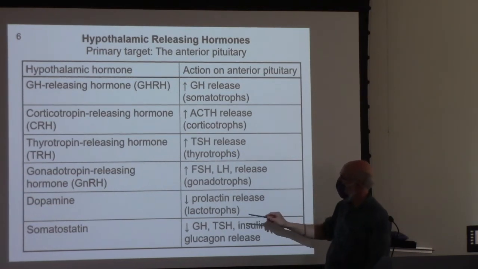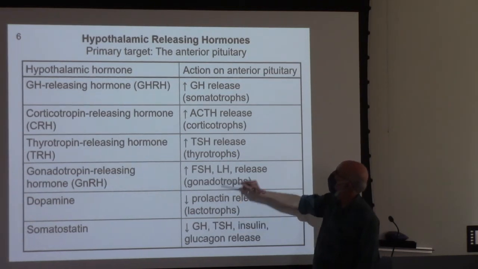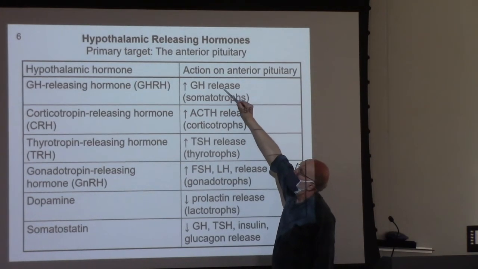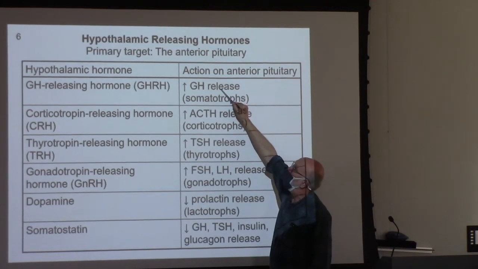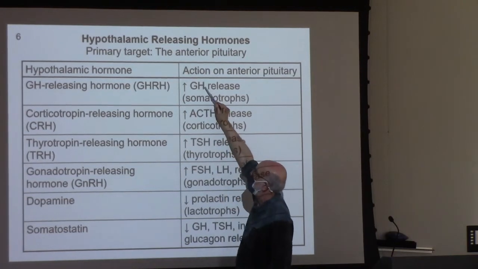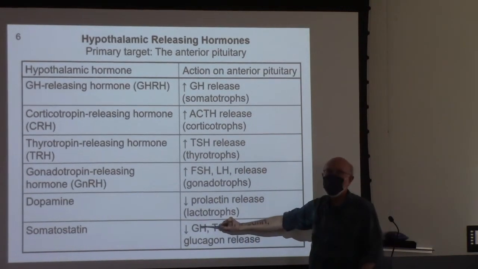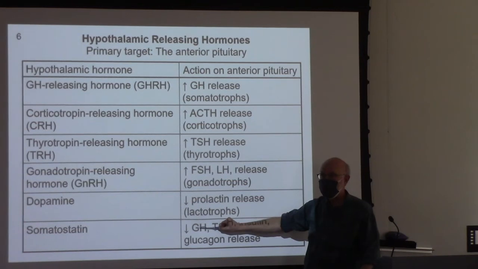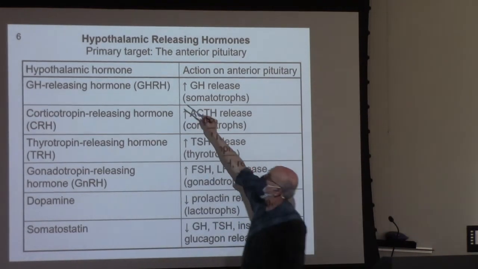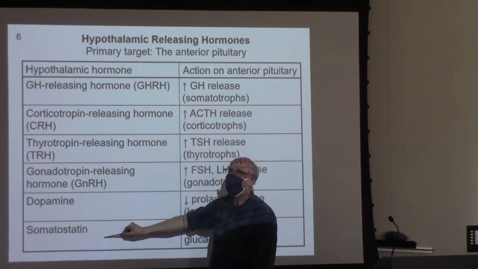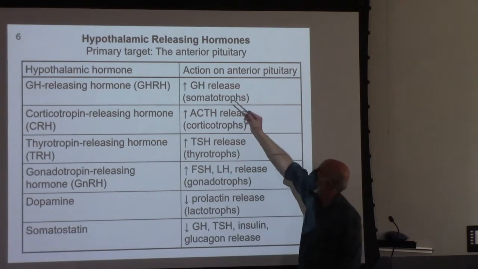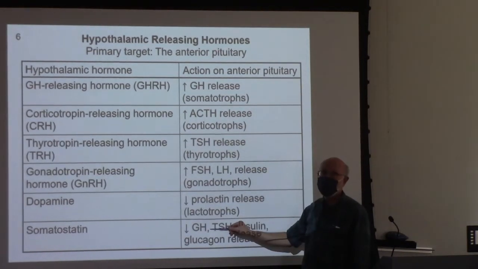So you can see that the somatotropes express a positive feed-forward stimulation by GHRH to produce growth hormone, and they respond to somatostatin to inhibit the production of growth hormone. So GHRH and somatostatin are working in balance to control the production or inhibition of production of growth hormone.